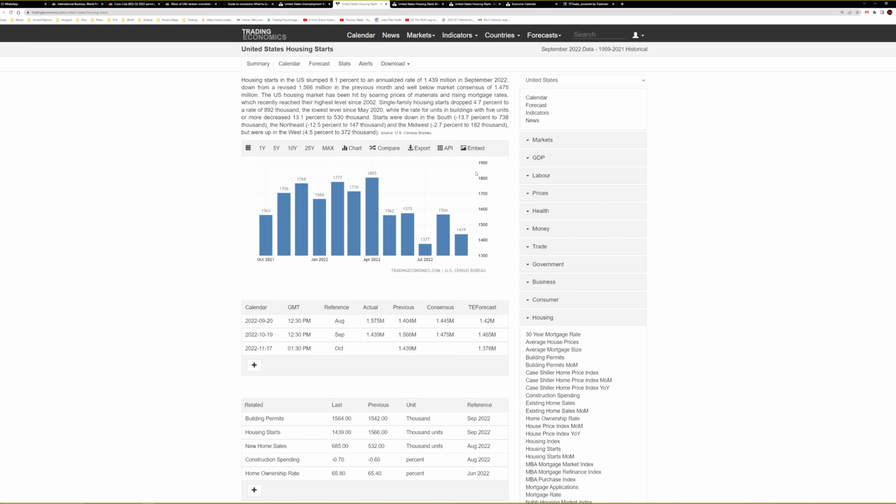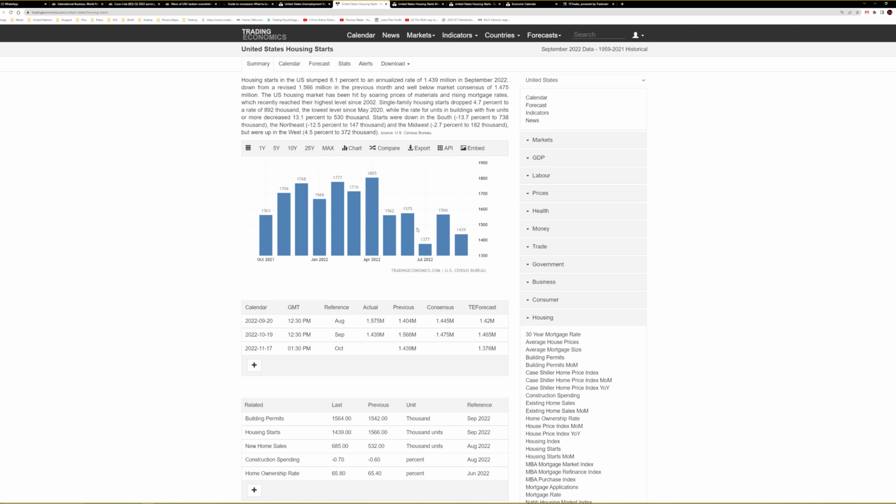So if we check housing starts, as you can see, we are way lower for sure, and I think that 10% is already priced into the market, but housing is starting to fall.